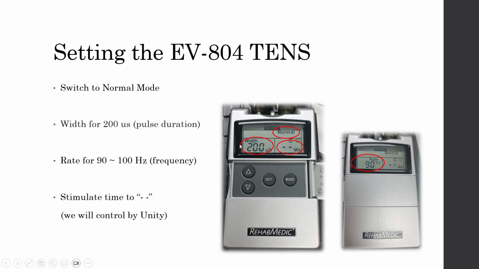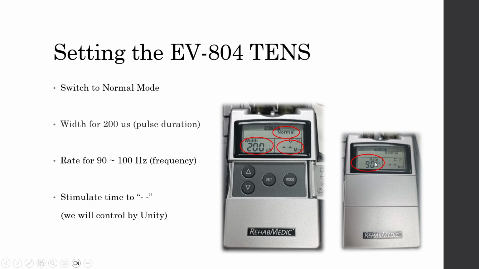The second is the pulse duration, the width. You should use the set button and press up or down to change the pulse width to around 200. And for the rate, you can press the set button to go to the rate mode to change the rate.